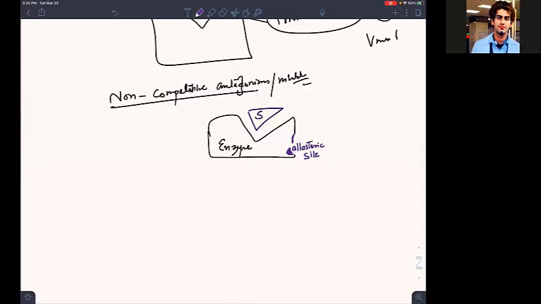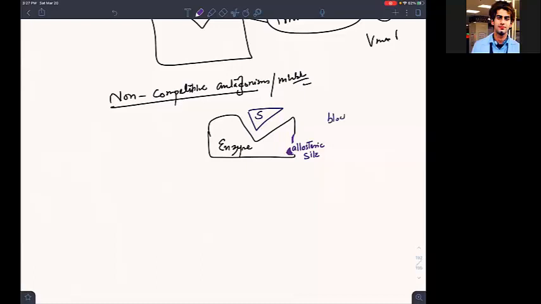No, sir, never, because we have an allosteric site and the drug is binding to some other place. How can there be competition? So we should understand that there is no competition. That's why we say non-competitive inhibitor. The simple concept we can make.